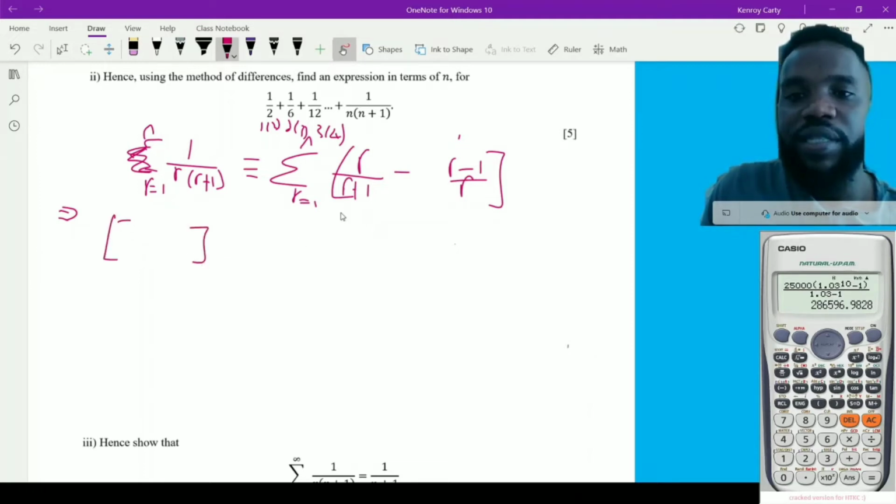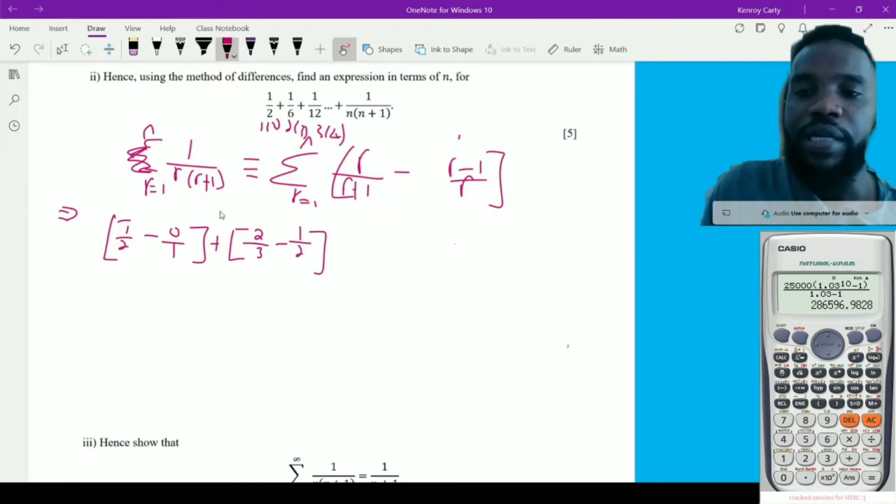So in method of difference, I'm using the right hand side. So I'm going to put 1 in here. If I put in 1, I'm going to have a half minus 0 over 1. Plus sum of, which means I keep adding. So this is my first term. My second term is when I plug in 2. So I'm going to have 2 over 2 plus 1 is 3, minus 2 minus 1 there is going to give me 1 over 2.